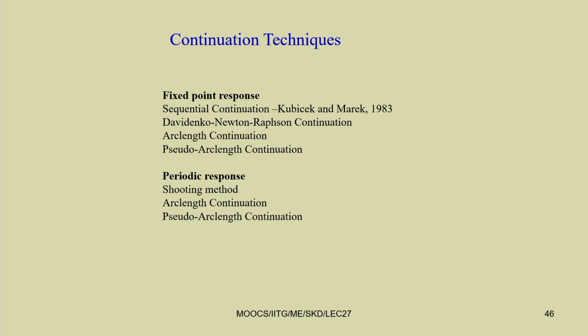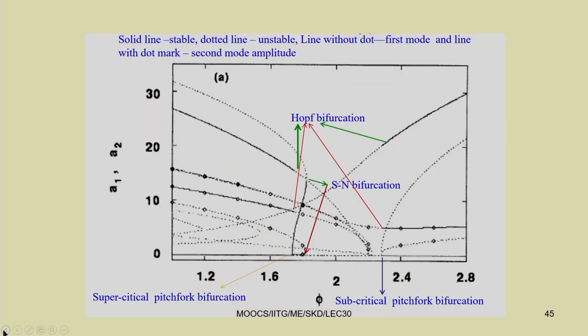Out of these some may be stable and some may be unstable, and here we have multiple bifurcation points also. Sometimes we can have the supercritical pitchfork bifurcation, subcritical pitchfork bifurcation, then the saddle node bifurcation, Hopf bifurcation. All these types of bifurcations we can observe in the case of the trivial and non-trivial state of the system.